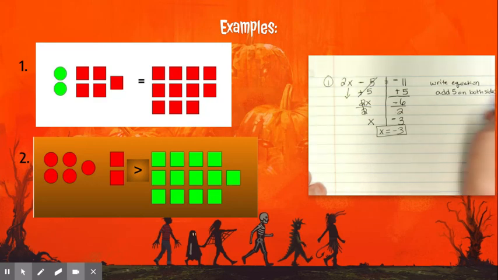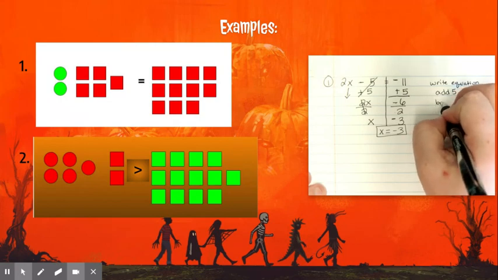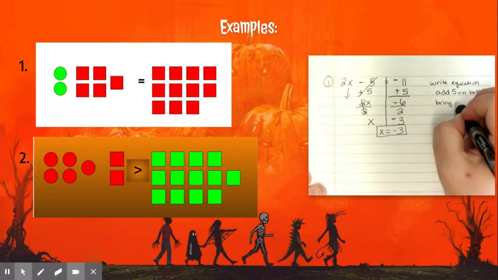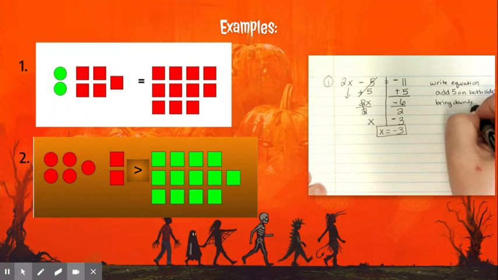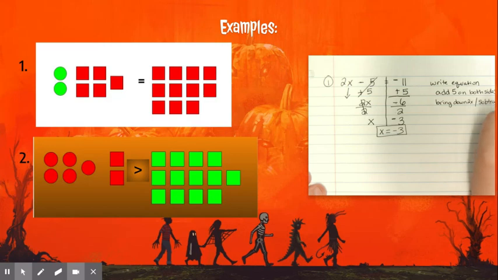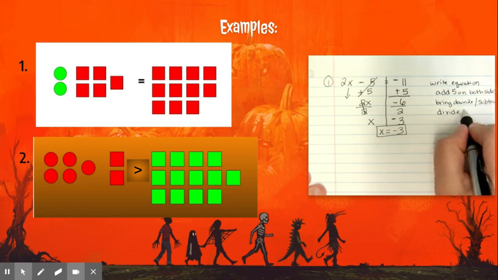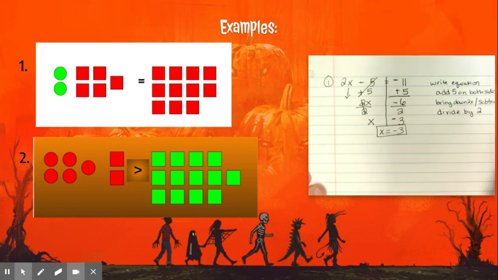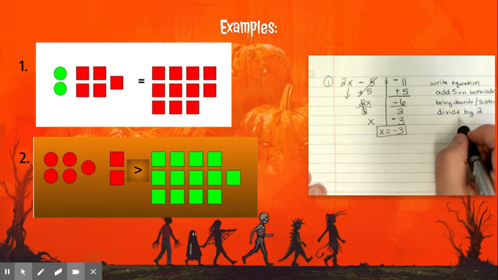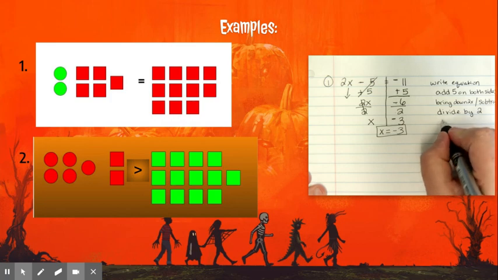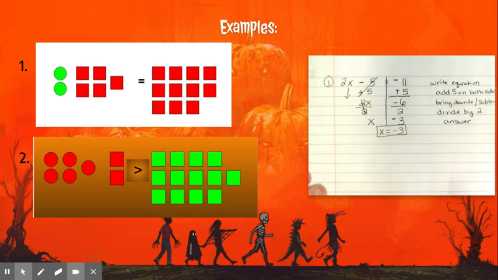Bring down the 2x and subtract 11 and 5. And then we divide by 2. And then we get our answer.